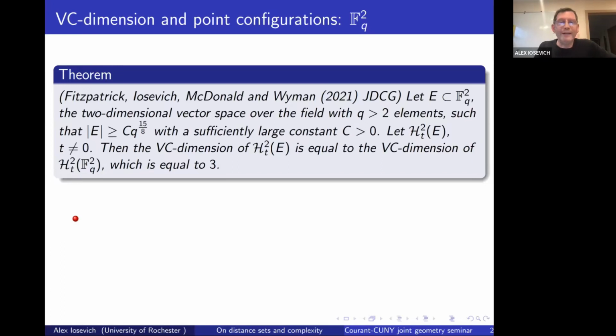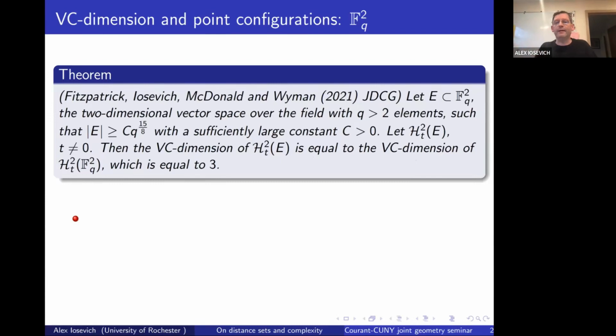Okay, now once again, we take H_t^2 of E with t not equal to 0. So this is a set of indicator functions of circles centered at the points of the set. Then the VC dimension of H_t^2 of E is equal to the VC dimension of H_t^2 of the whole space, which is 3.